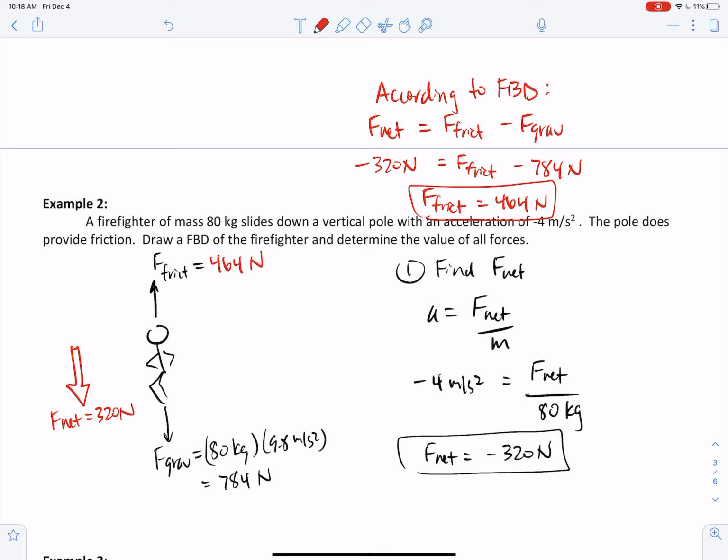Now, if I wanted to back calculate, I would say, okay, well, according to the picture, 464 up minus 784 down should lead the net force to be 320 down, meaning that according to the net force of 320 down, this side should be 320 greater than this side, and it is.